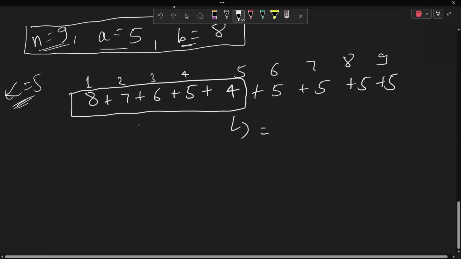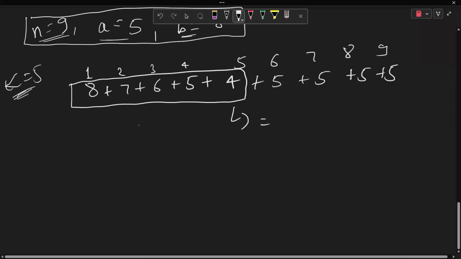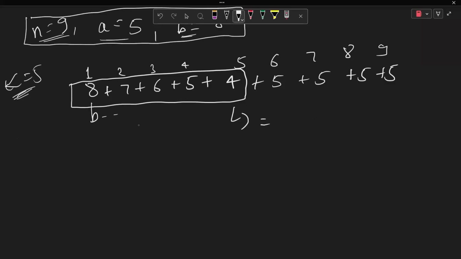Now, how can we maximize this? If you take a look at what is actually happening, we are starting from B, then decreasing up till some value of B minus K plus 1, and then we are just constant with A.